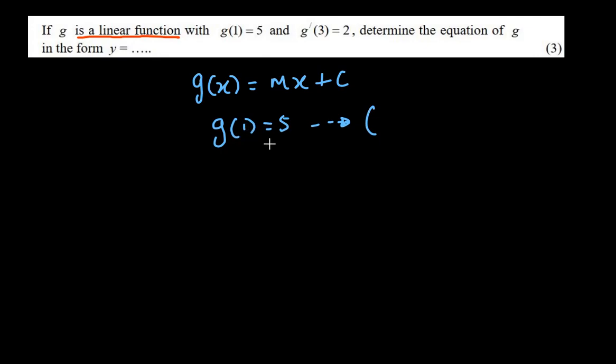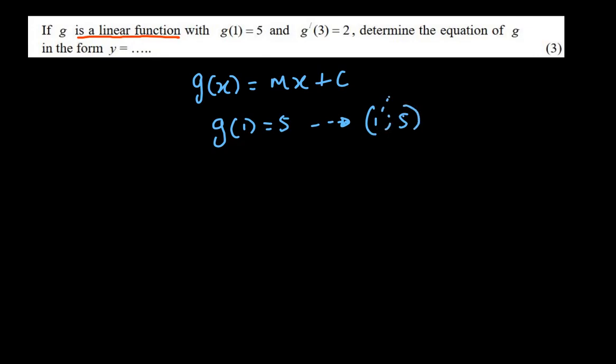Okay, so now it says g is a linear function, right? So we know that g of x is equal to mx plus c. g of 1 is 5. It means g of 1 is what? Is 5. It means we have a coordinate or a point where x is 1, and then what is y? y is 5.